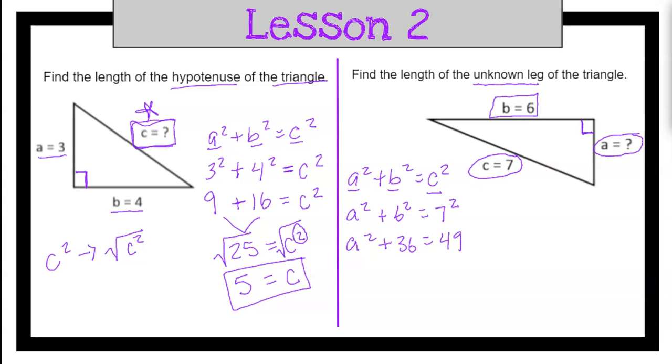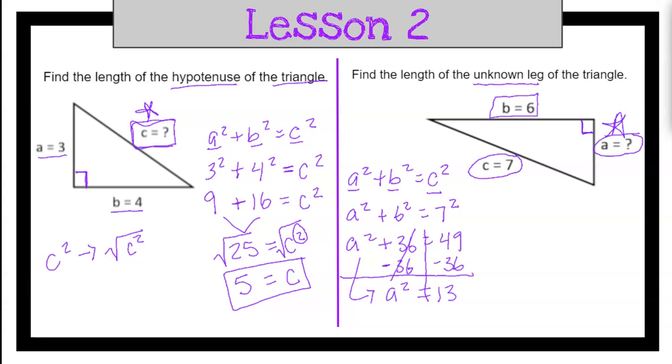Now for this one, we have a squared not by itself. We need to get our variable by itself, so we have to undo that plus 36 with a minus 36. So we can get that a squared all by itself. 36 minus 36 is 0, leaving us with a squared. And then 49 minus 36 is 13. Again, we want to know what a is, not a squared.